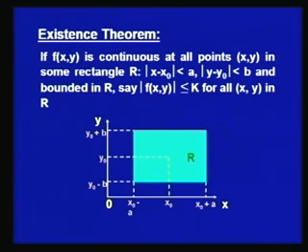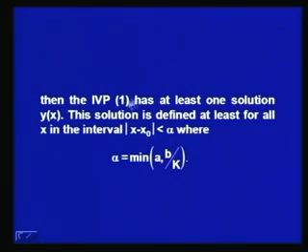Let us look at the existence theorem. If f(x,y) is continuous at all points (x,y) in some rectangle R given by |x minus x0| less than a, |y minus y0| less than b, and bounded in R, say |f(x,y)| less than or equal to k for all (x,y) in R, then the initial value problem 1 has at least one solution.